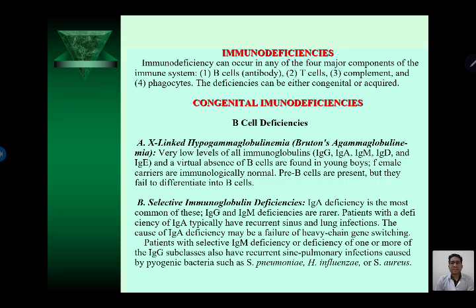On the other hand, in selective immunoglobulin deficiencies, IgA deficiency is the most common of these. IgG and IgM deficiencies are rare. Patients with deficiency of IgA typically have recurrent sinus and lung infections.